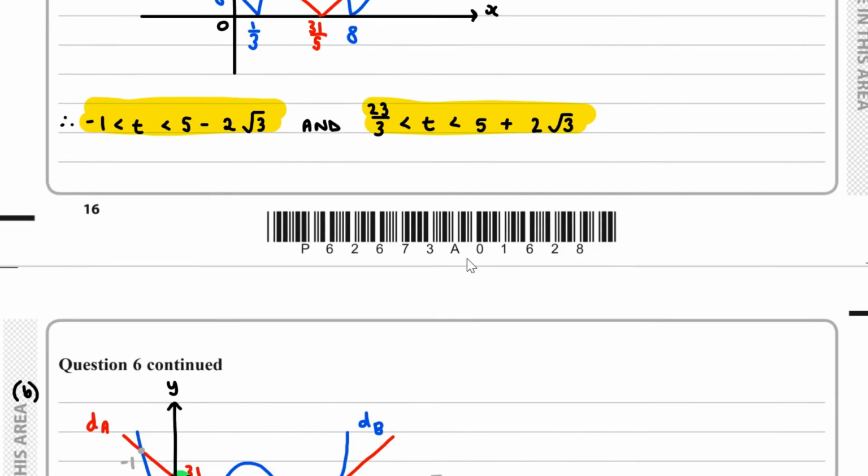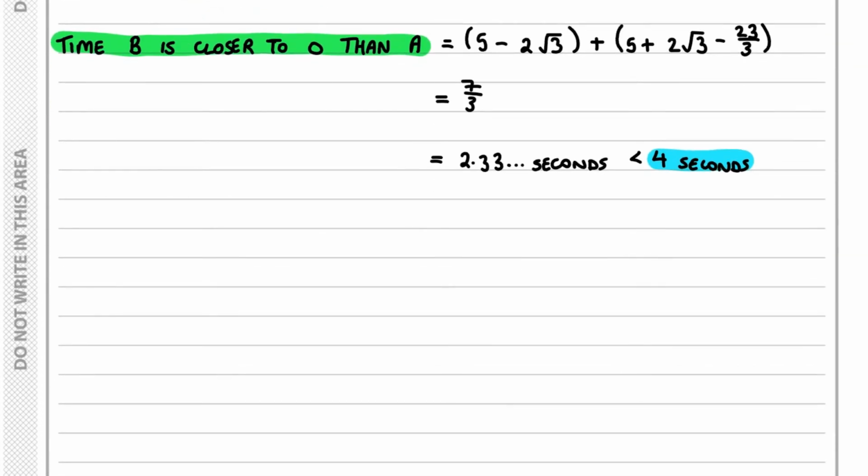And therefore, what we can conclude is the model does not seem appropriate.